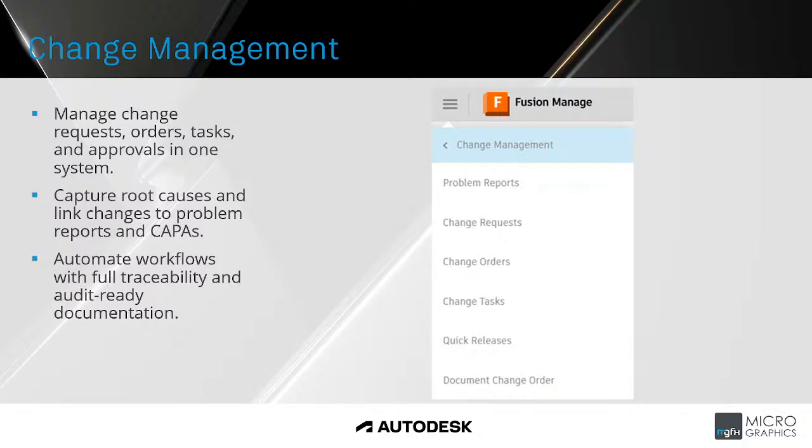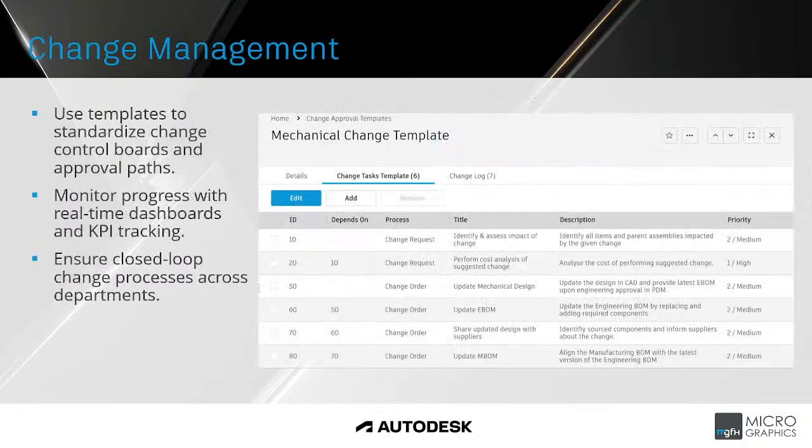And we also do have quick release options there as well. Now, approval templates define the required reviewers and control board members, streamlining the governance. So as I mentioned, there would be specific people within the template that's defined to control certain areas of the change process.